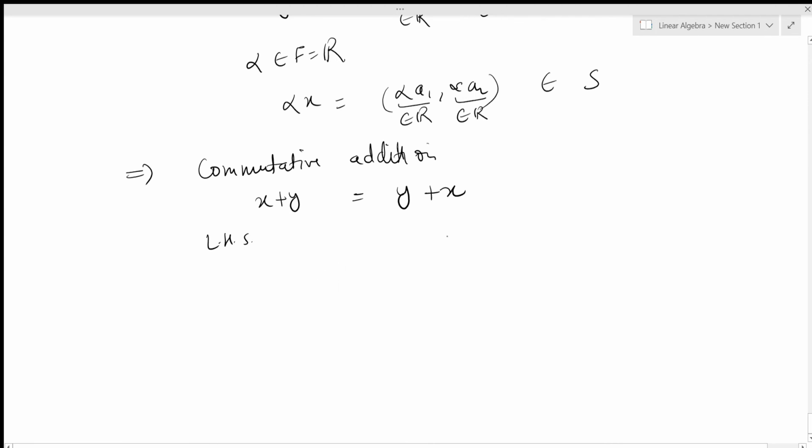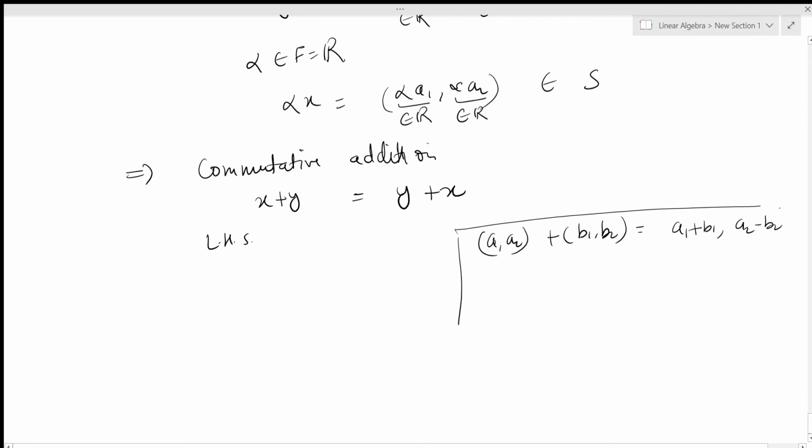Addition in this case is defined as (a1, a2) plus (b1, b2) is equal to (a1 plus b1, a2 minus b2). And here multiplication is defined as c(a1, a2) is equal to (c a1, c a2). These two operations are defined.